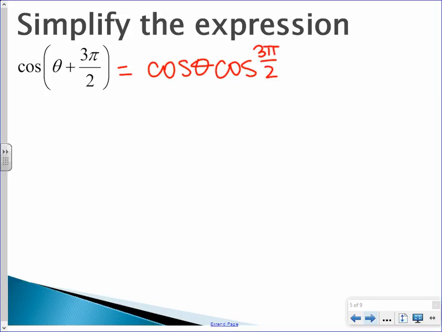What operation do we put next? Minus. It changes. And so then sine u sine v.